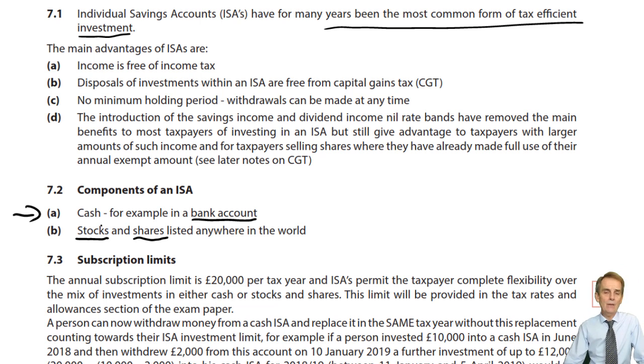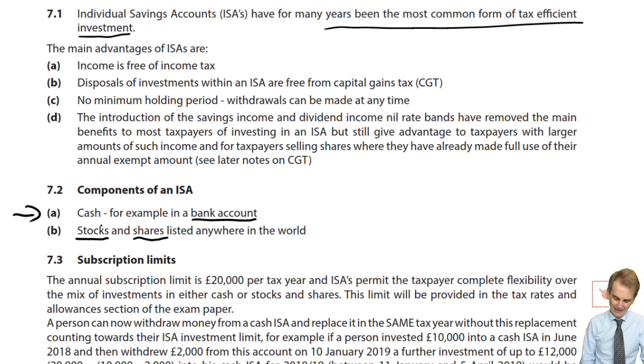But they do have a savings income nil rate band, if they happen to be a basic or higher rate taxpayer. And in dividends, we have a dividend income nil rate band. And those introductions have not entirely removed the benefit of an ISA, but have served for many to take away the reason for putting their deposits into an ISA.